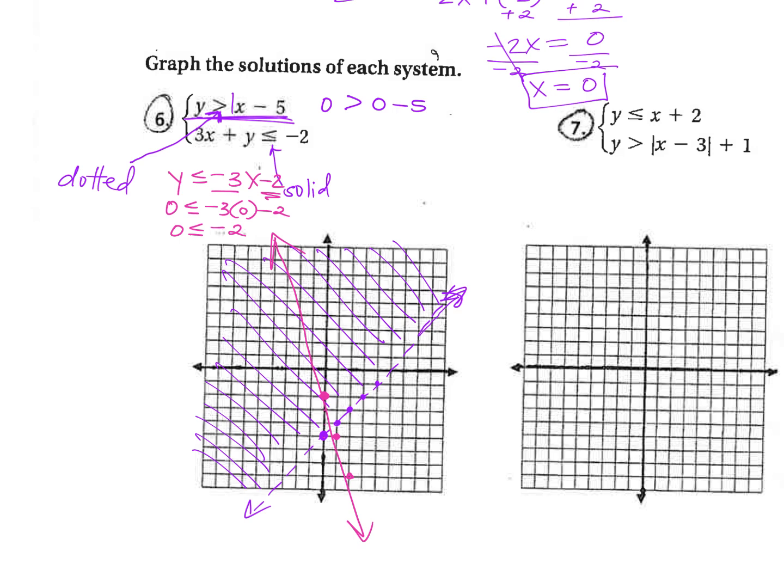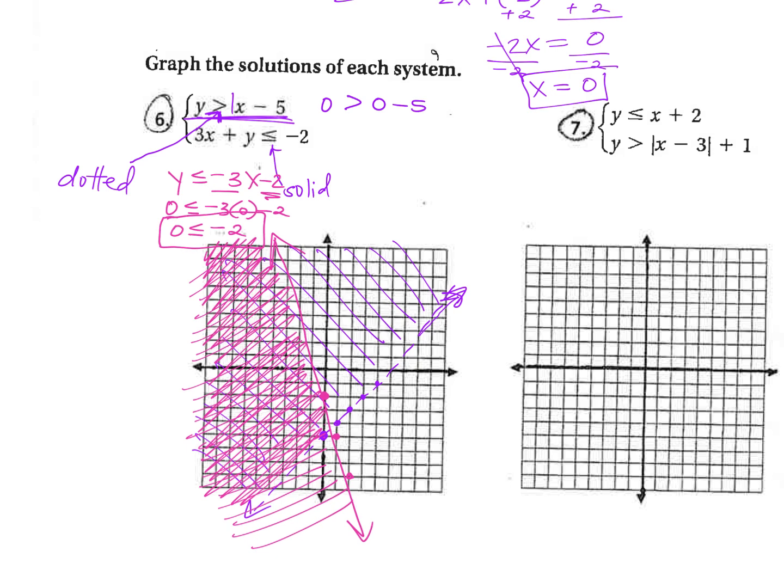I'm looking at the wrong one. Sorry. 0 is less than, that was the one we just did, right? 0 is less than or equal to negative 2. Not true, so don't shade the 0, 0 side. My bad. So shade this darker because this will be the solution.